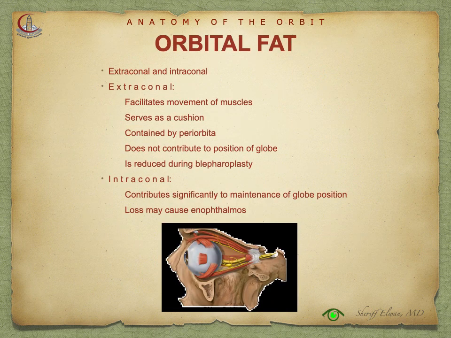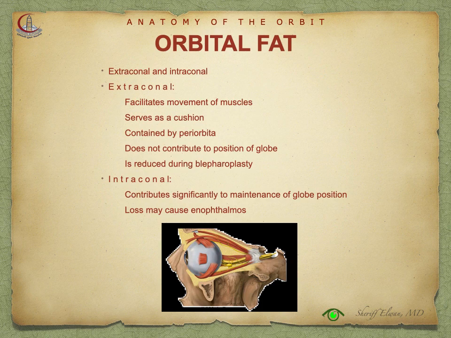We come now to the orbital fat, that is the pads around the globe, and these are divided into extraconal and intraconal. Extraconal fat is that fat outside of the cone of muscles. It facilitates the movement of muscles, serves as a cushion, and is contained by the periorbita.